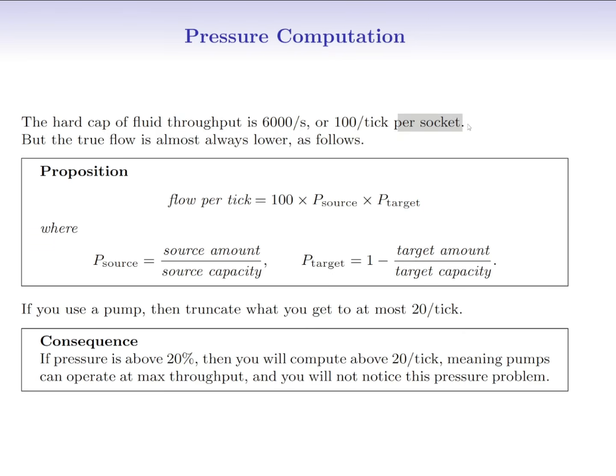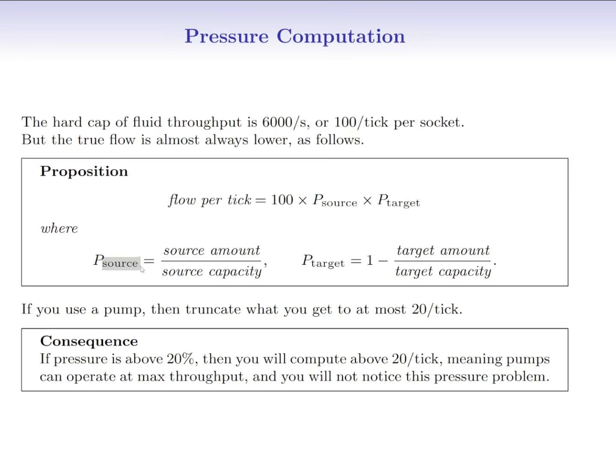If your machine has two sockets and you input through both sockets, you get 200. But the true flow is almost always lower because of the pressure. The true flow per tick, here's the formula, is this base 100 times the pressure ratio of the source times the pressure ratio of the target.